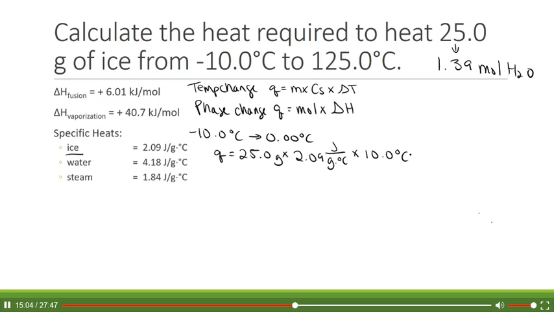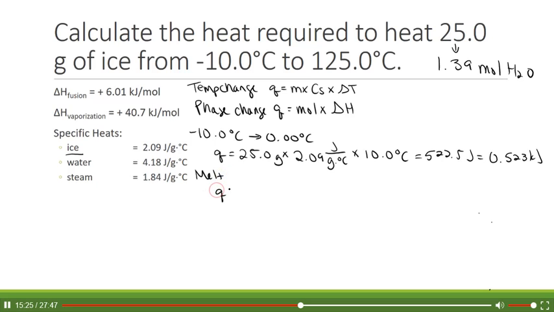Multiply all that together, we get an energy of 522.5 joules. And I'm going to convert that into kilojoules, 0.523 kilojoules. Okay, next we want to melt.